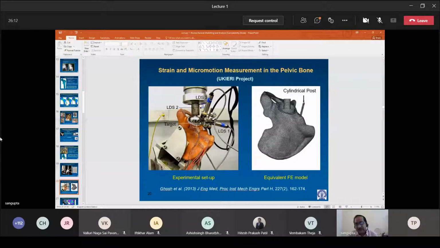Okay, so LDS 1, LDS 2, and LDS 3 record displacement of the acetabular implant along 3 principal directions. Plus we have the strain rosettes. And obviously, we tried to generate the equivalent finite element model to get an idea of the degree of correlation between the predicted result and the actually measured result. Okay?